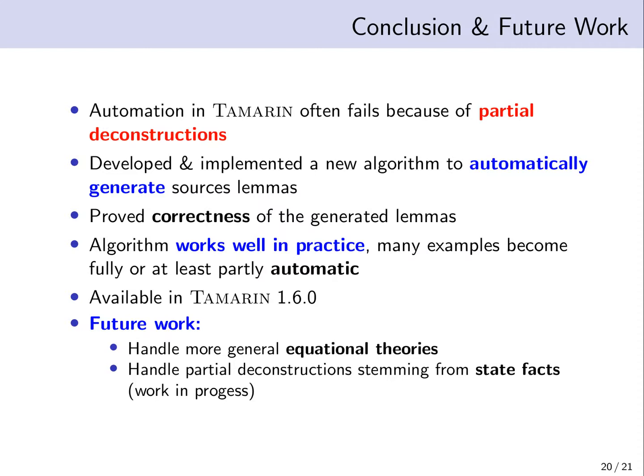This new feature is available in 1.6, and as future work we would like to handle more general equational theories. So this is one of the cases where we currently fail. The second case we would like to handle is partial deconstructions stemming from state facts, and this is actually currently work in progress.